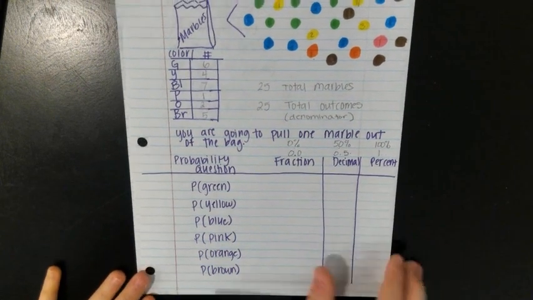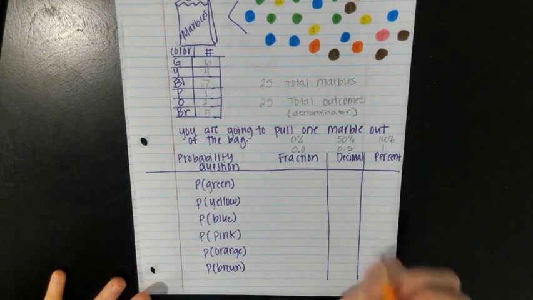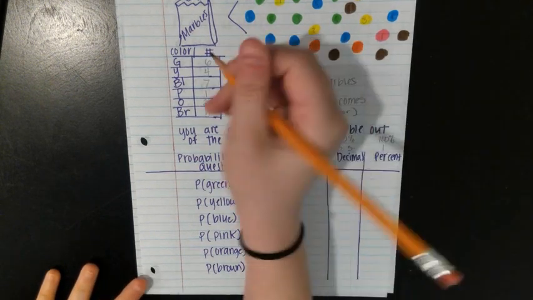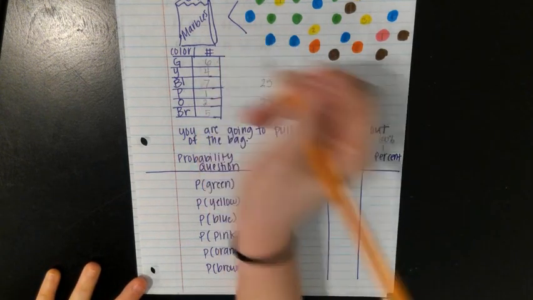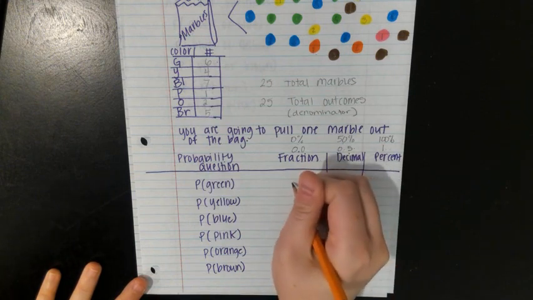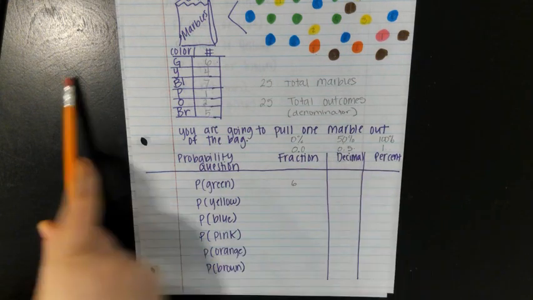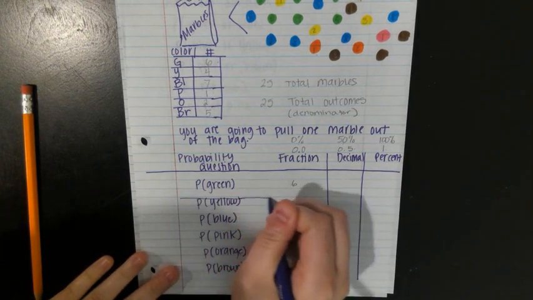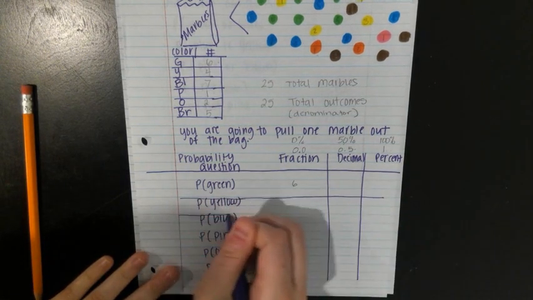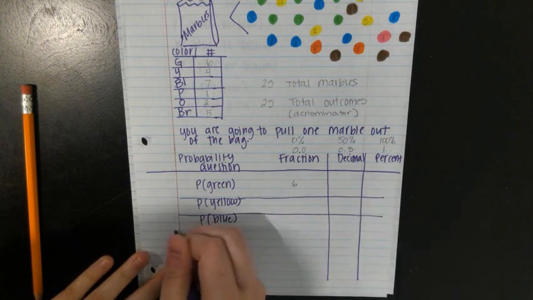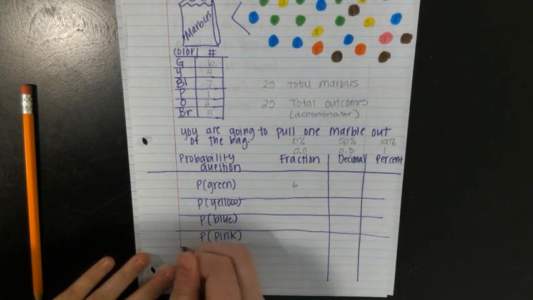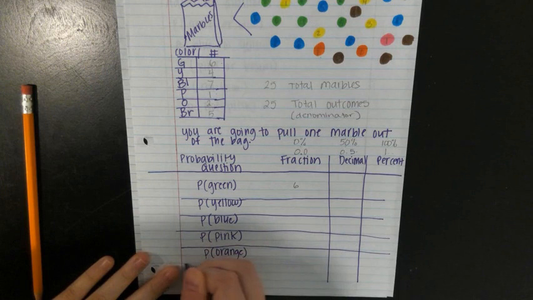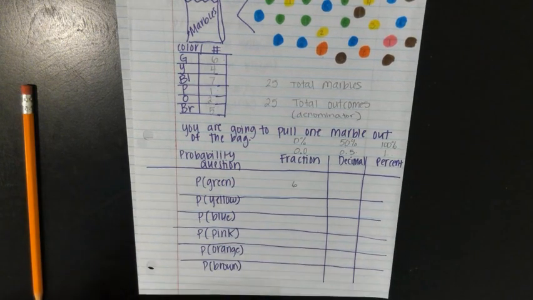Okay, so probability that's green. All we have to do is find out how many are green, and we already did that. So we have 6 that are green, and we're going to put that in the numerator. Let me go ahead and put some lines between this so we don't get confused. There we go.